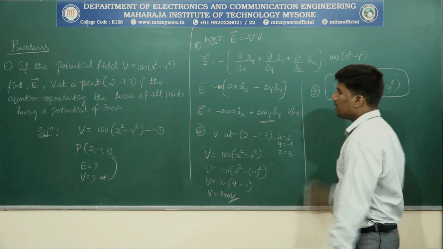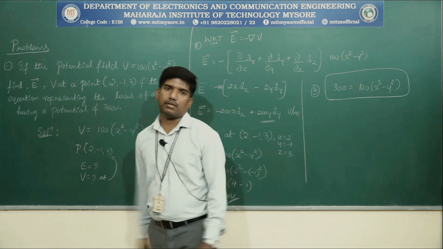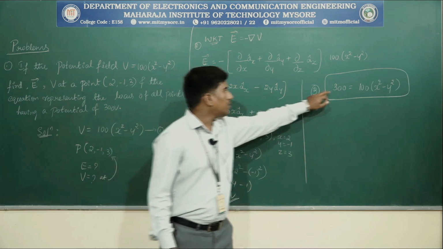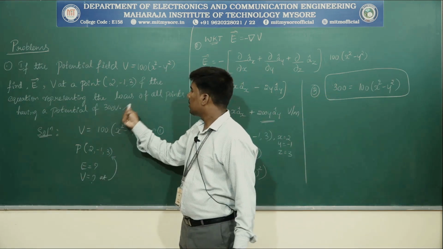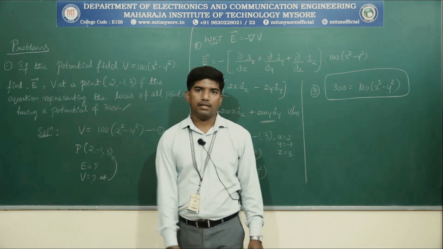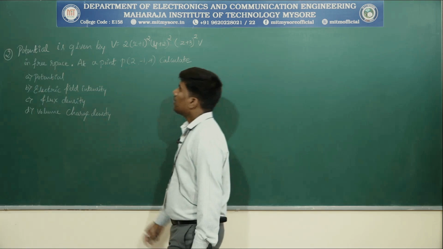This is the equation for the third part given in the problem statement. If I substitute V is equal to 300 in equation number 1, this part holds good. Understood? Thank you. Okay, let us solve one more problem.